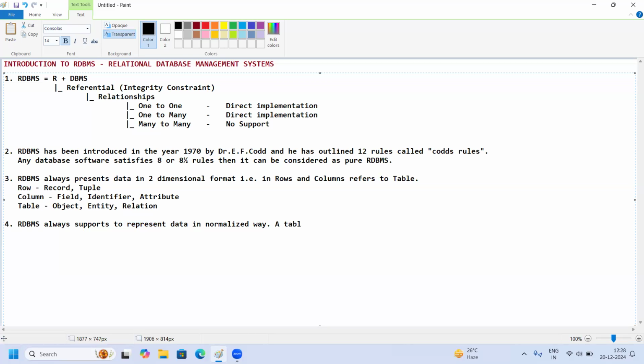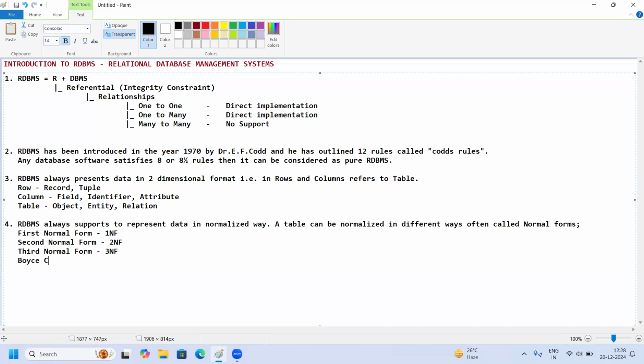A table can be normalized in different ways, often called normal forms. And we can call them what? 1NF, first normal form. Second normal form, 2NF. Third normal form, 3NF.